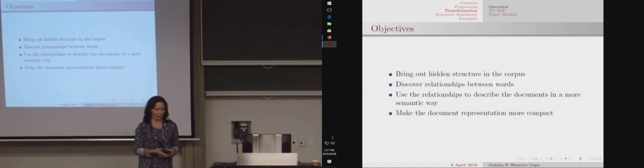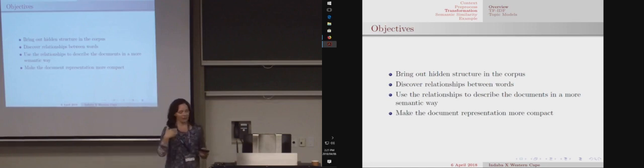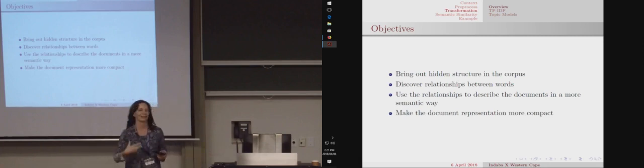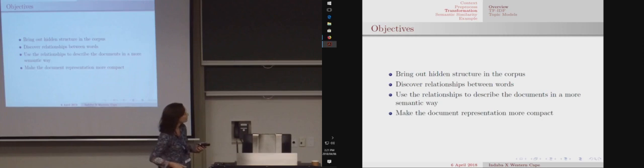I always think of these models as little hooks that hook words as they co-occur in documents, because it's all about counting co-occurrences of words in documents. That's basically what these algorithms are all about.